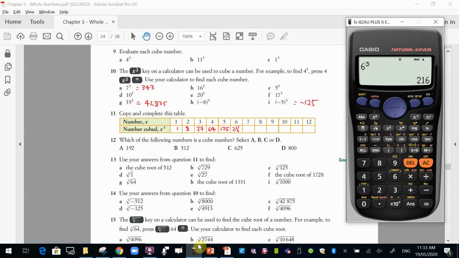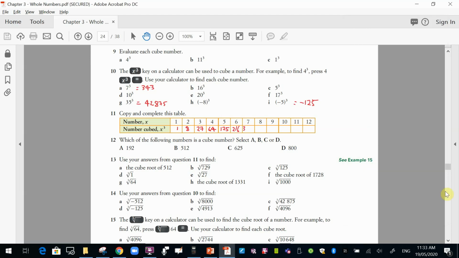Okay, now I'll do the rest of them. 7 cubed is 343.